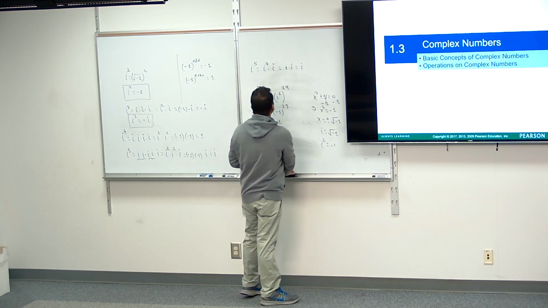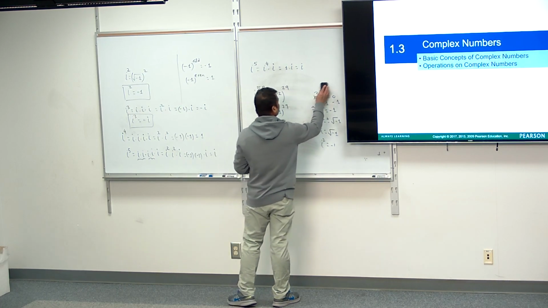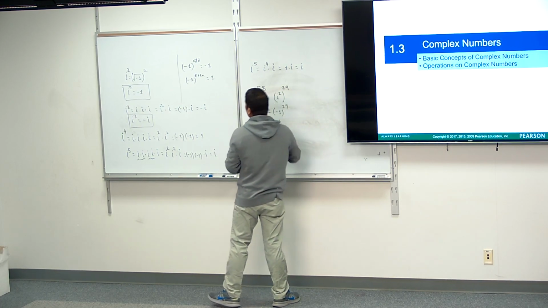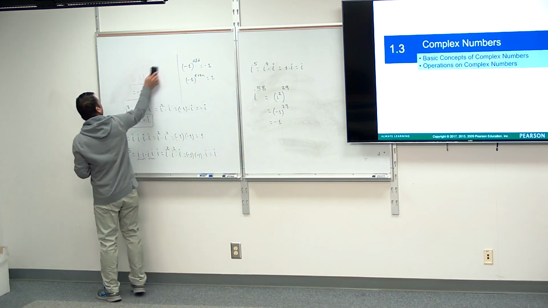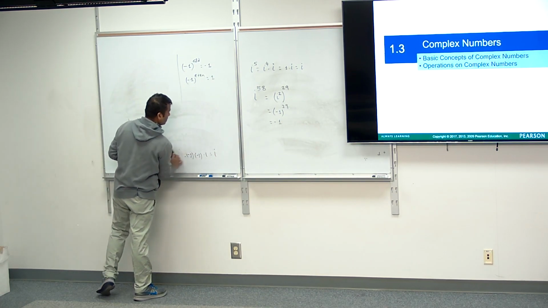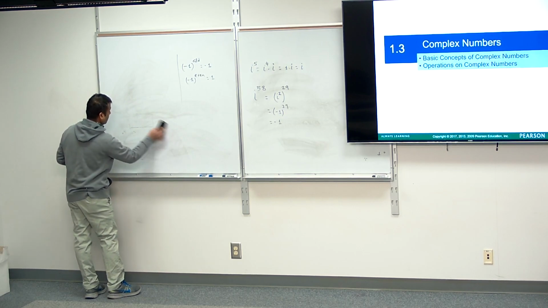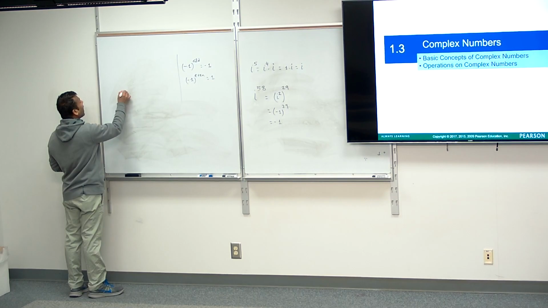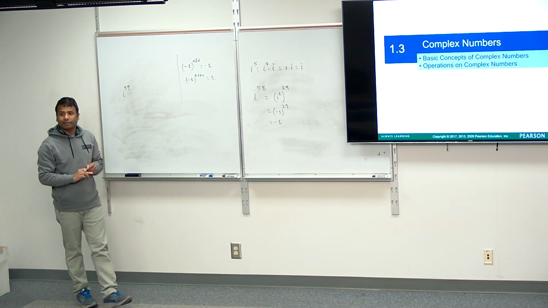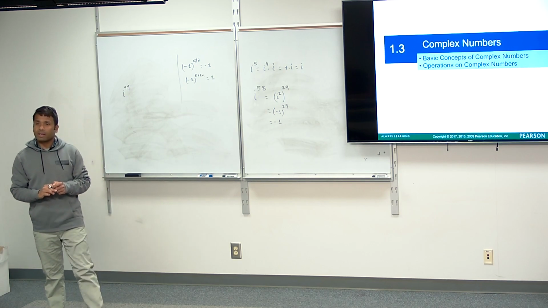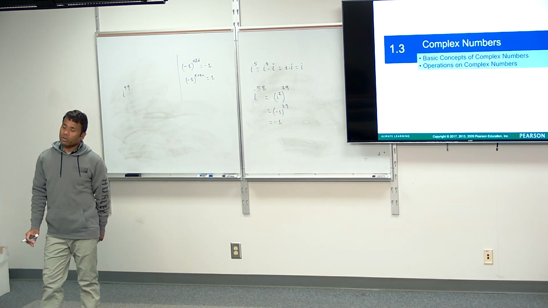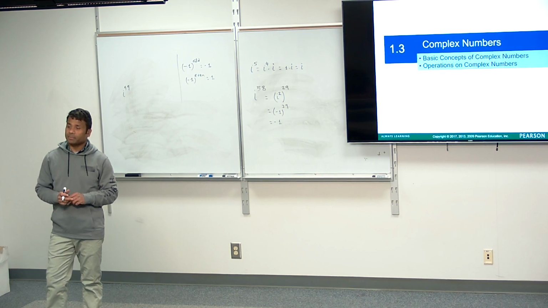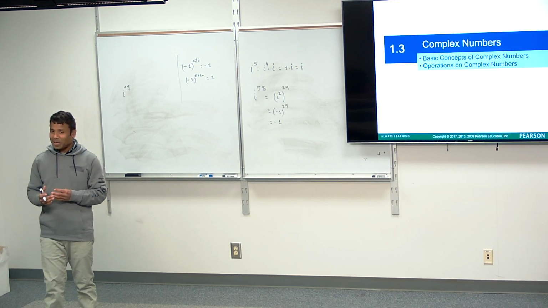So now, similarly, you can evaluate any power. Let's say I want to evaluate i to the power 99. Right? I want to evaluate i to the power 99. You know what I mean, right?